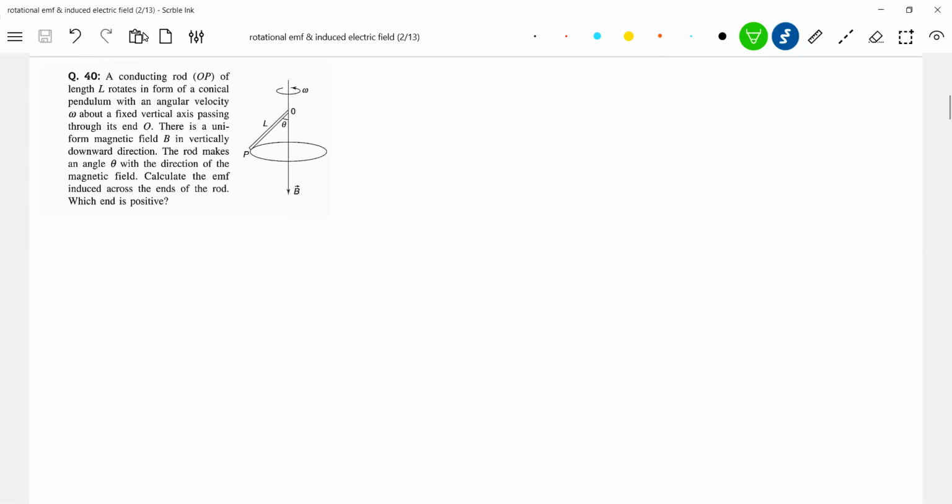Let me take a rod. This is the axis. This is theta, what is given for us. And there's the angular velocity, omega, and there's a direction of B bar.